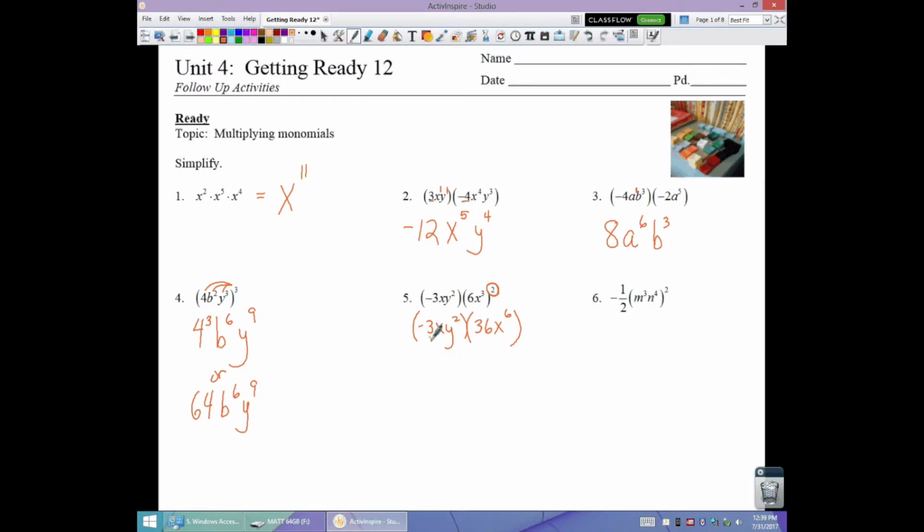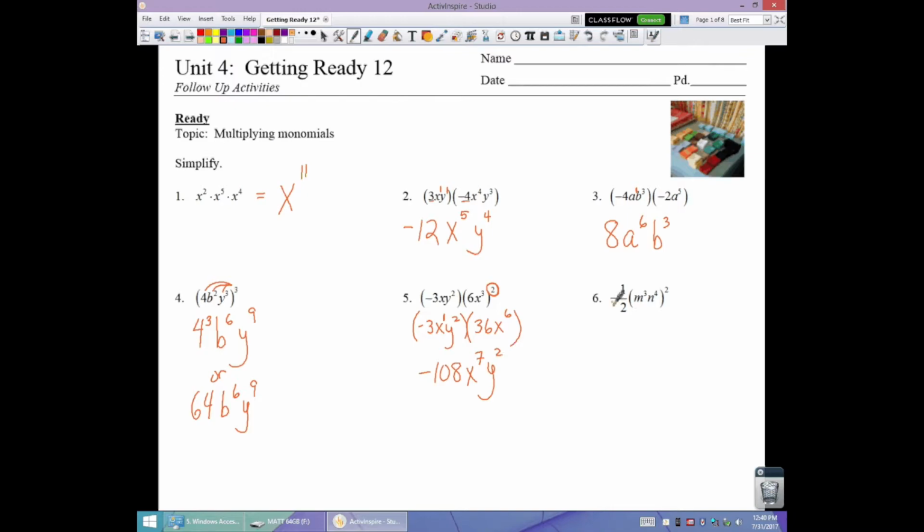Now I multiply negative 3 times 36 is negative 108. X to the, this is really the first, x to the first times x to the 6th is x to the 7th. And then I have nothing else but just the y squared.